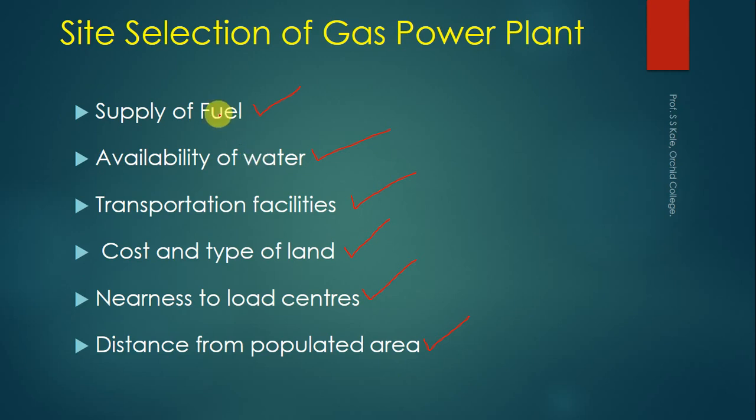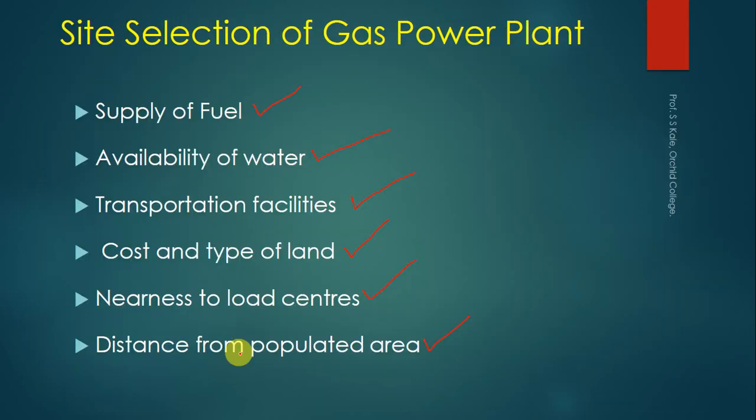Fuel must be available, and water should be available. Here the water requirement is less, but some water is required for cooling of the blades. Transportation facility means it should be connected by road or rail. Then the cost of land should be less, and it should be nearer to the load center. At the same time, pollution is not generated very much, but some pollution will be generated, and that's why it should be at an optimum distance from the population area.